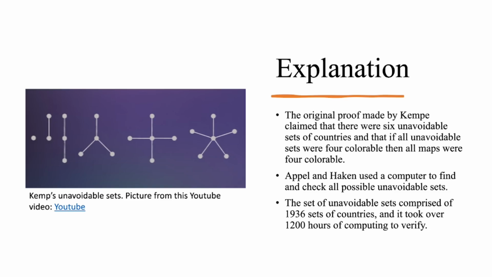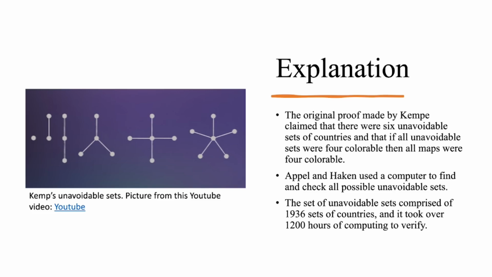The original proof made by Kemp claimed that there were six unavoidable sets of countries, as shown here, and that if all unavoidable sets were four-colorable, then all maps would be four-colorable. Appel and Haken would go on to use a computer to find and check all possible unavoidable sets.